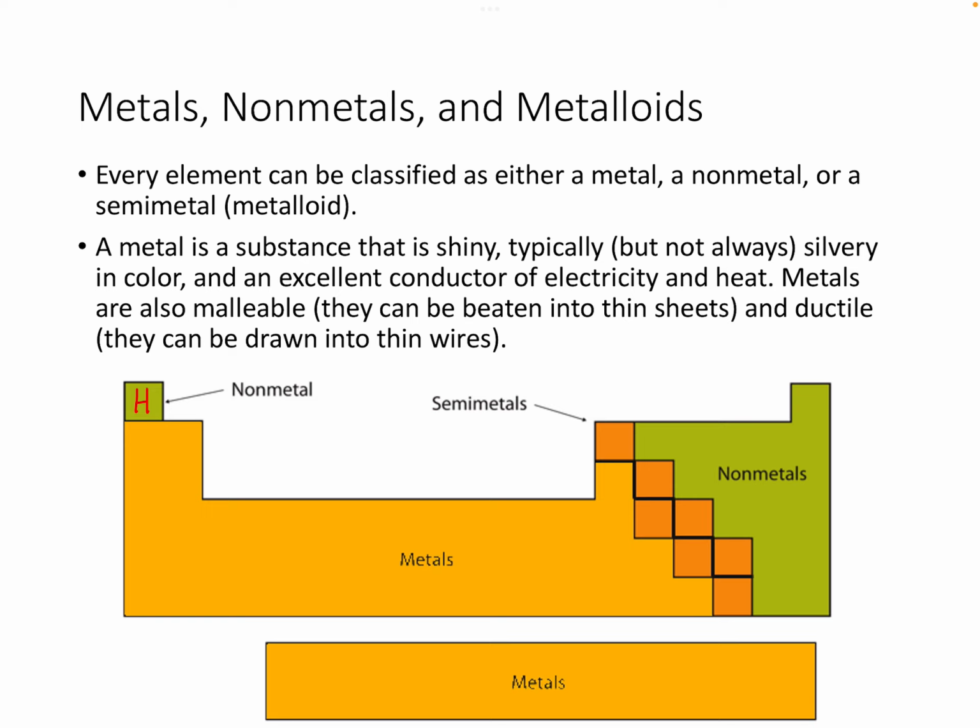So it doesn't follow the typical indicators of a metal, right? But we do list it in column 1 on the periodic table because each of the elements in that first column have one valence electron. So they all have similar chemical properties. And we'll get more into that later.